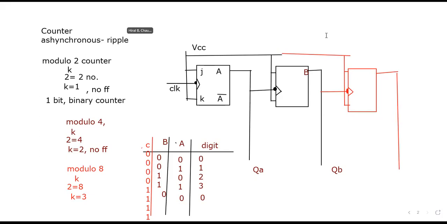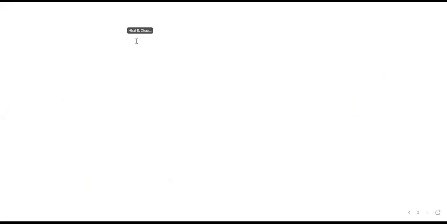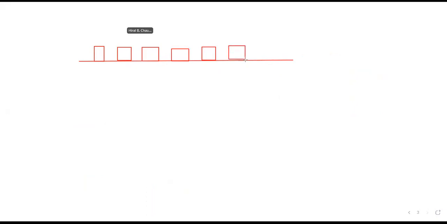Okay. And let us have one example for clocks. Quickly draw a clock. So how would it be? See here, for drawing a clock, I have to draw a single line. Then we are interested to draw it at equal distance.